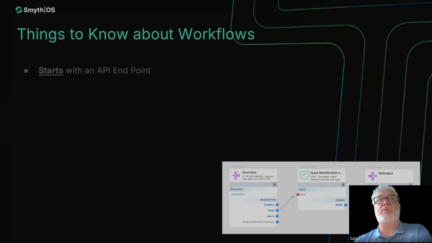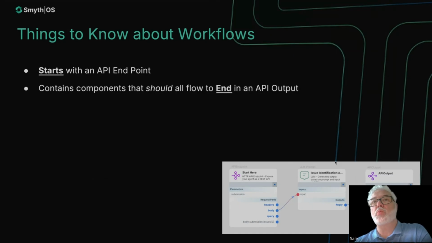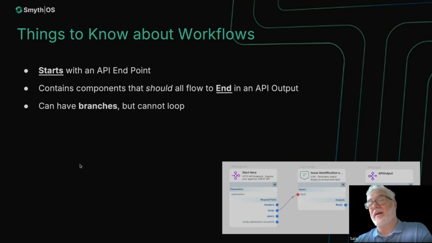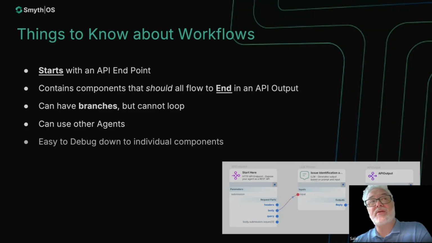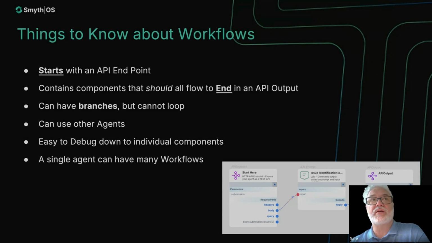What do workflows start with? An API endpoint. Every workflow will start with an API endpoint. It contains one or more components that should all flow to end in an API output. It can have branches, but SmythOS doesn't loop. It will someday soon, I'm sure, and can use other agents, and it's easy to debug. You saw that. You saw how I could find out why it wasn't doing what I thought it should be doing.